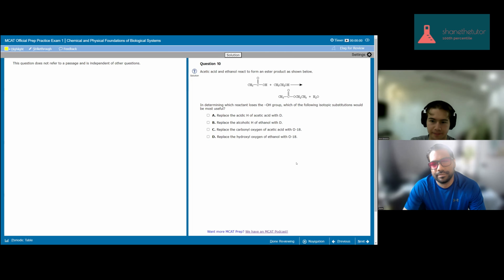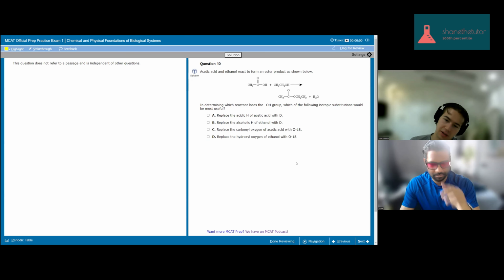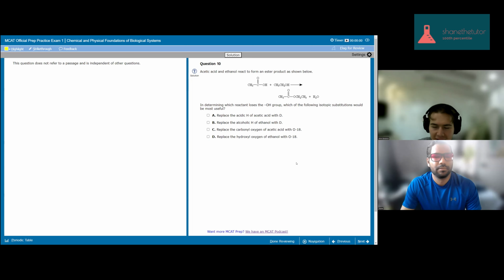I think I put A, that we would replace the hydrogen that's on the acetic acid.